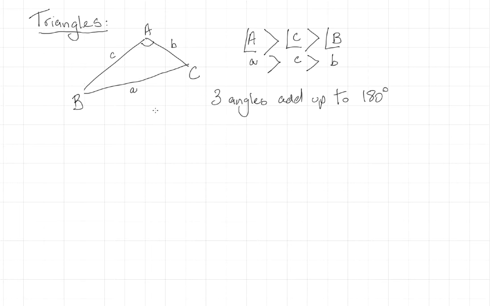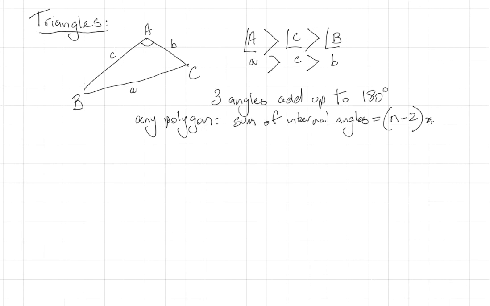Incidentally, for any polygon, the sum of interior angles... a polygon is just a multi-sided figure. This is a polygon of three sides. The sum of internal angles, if n is the number of sides, is n minus 2 times 180 degrees.